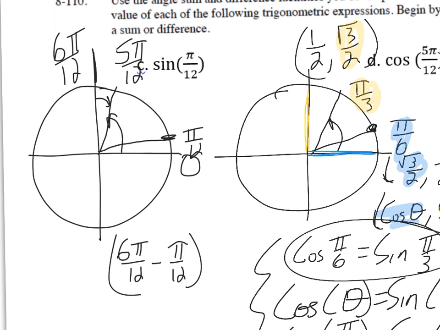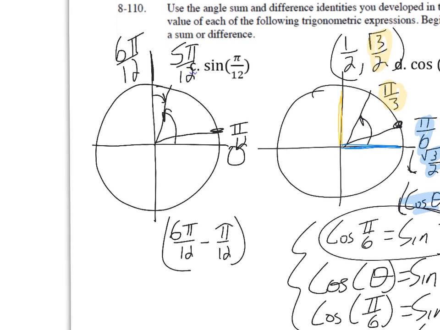So if I use this property that we just talked about, the sine of pi over 12 is going to be equal then, I guess it's not that previous property, it's just a property very similar to it.